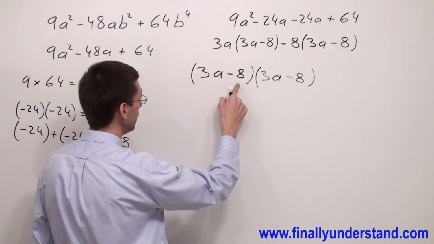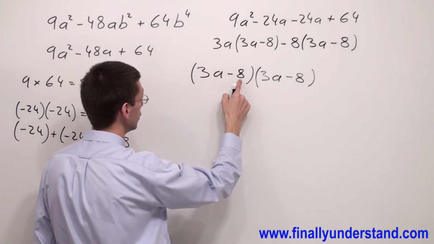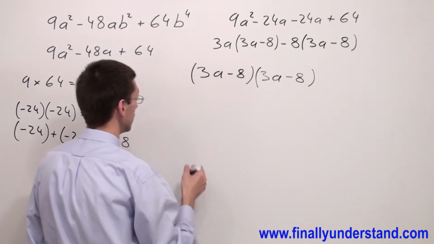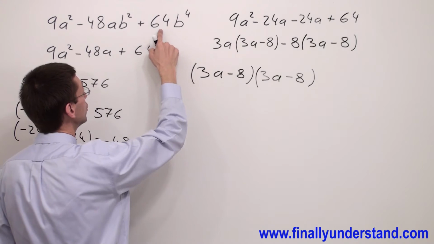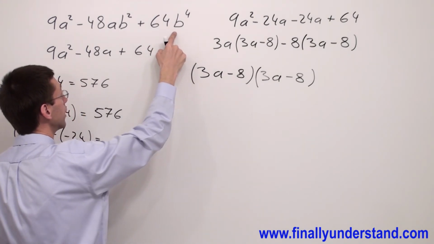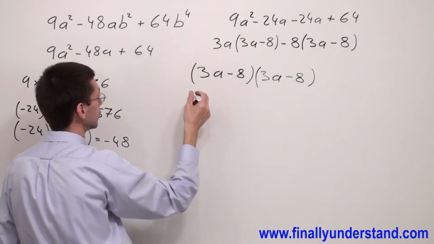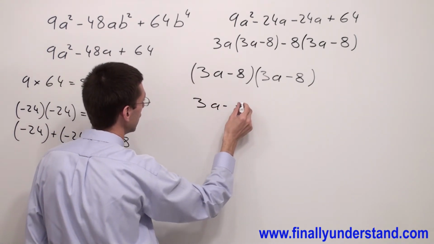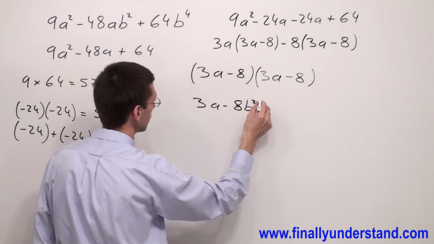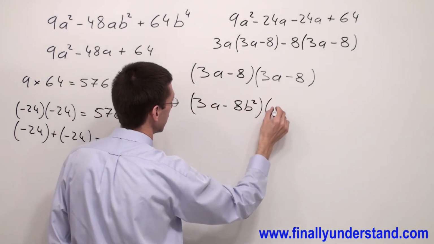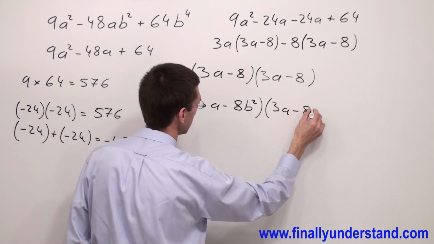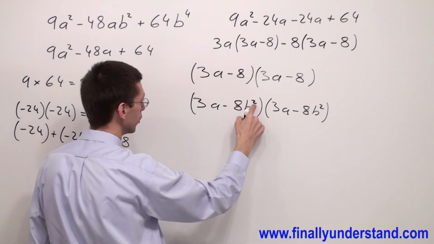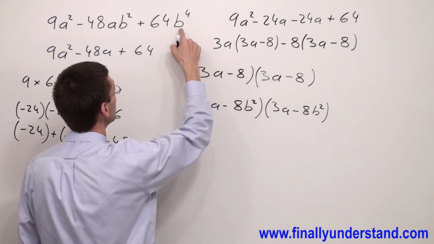I'm going to add b for sure to the second term of the factors. Now, please notice that the third term of my quadratic trinomial has b to the fourth. So I'm supposed to write my answer as 3a minus 8b squared and 3a minus 8b squared. Why b squared? Because b squared times b squared is going to give me b to the fourth.